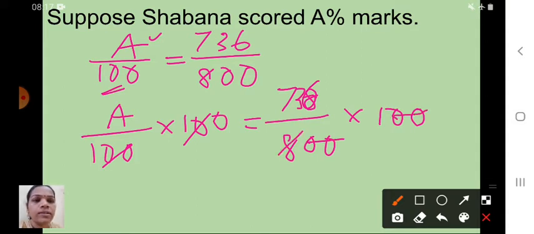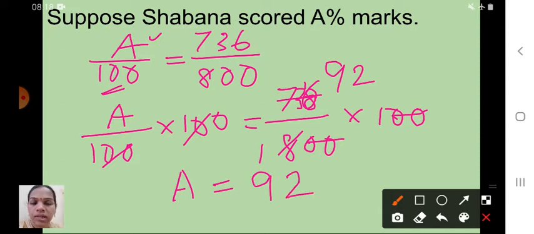So 8 ones are 8. See this 73, how many 8s are there? 9 8s are 72, remainder 1. That 1 will go here, 16. How many 8s in 16? 2 8s are there. Now A is equal to 92. Understood, children? So Shabana scored 92% of marks.